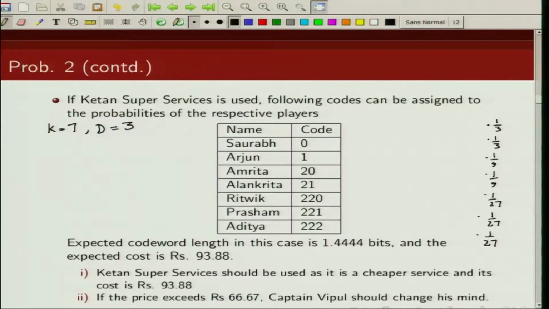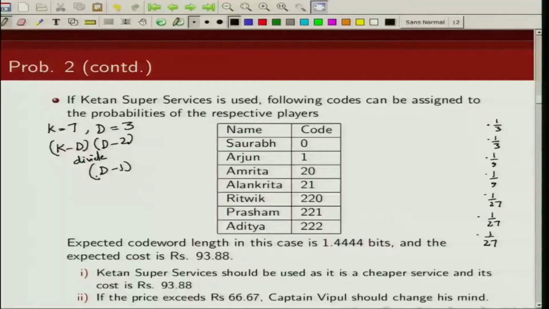And how do we find that out? K minus D into D minus 2, divided by D minus 1, whatever remainder is remaining. So K minus D in this case is 4 and D minus 2 is 1. So 4 divided by 2, remainder is 0. So there are no unused leaves if we use this particular source and encode it using ternary Huffman code.